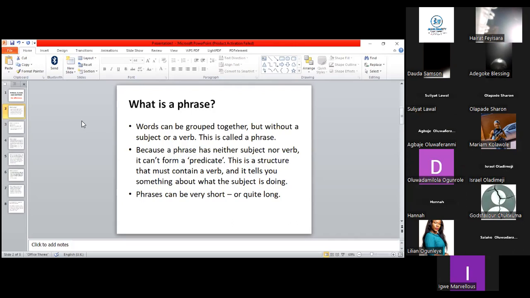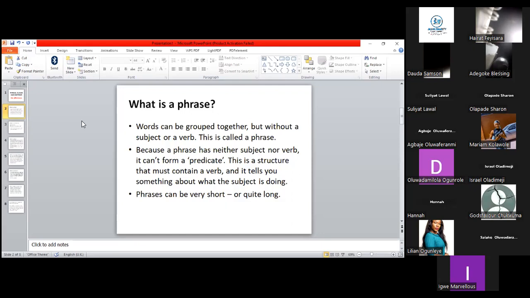Immediately after Ade, every other thing that expands from the verb down to the last word in the sentence, we call that section the predicate. So what we're trying to say is this. Grammatically, a sentence is divided into two sections: the subject section and the predicate section.